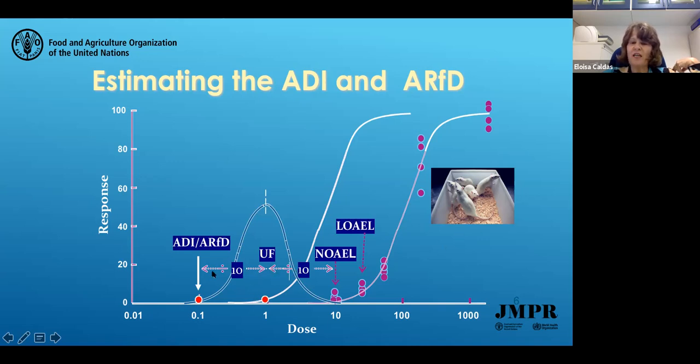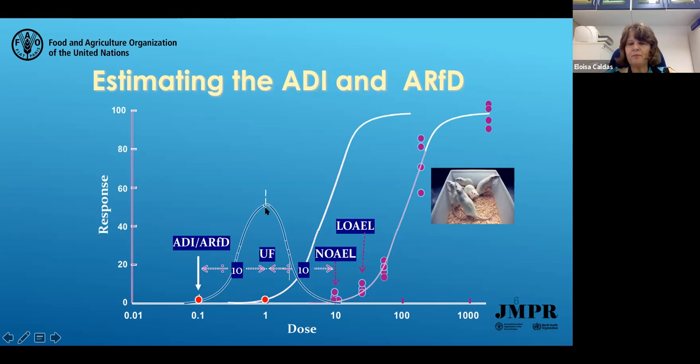So we have to take into account the variability of sensitivity within the human species. When we apply a factor of 10 to the safe level of the rat, we find that 1 milligram per kilogram body weight is safe for the average population.